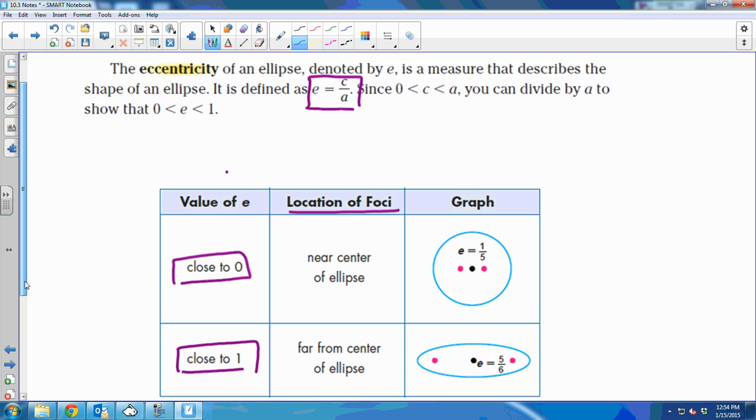All right. So there's one more example. I'll let you guys finish up writing.